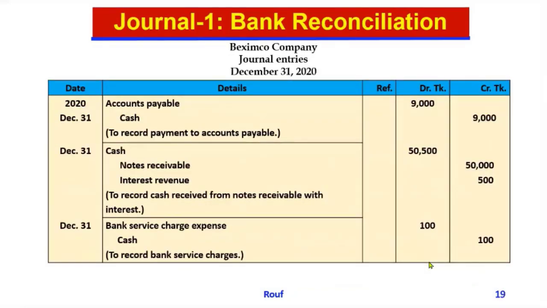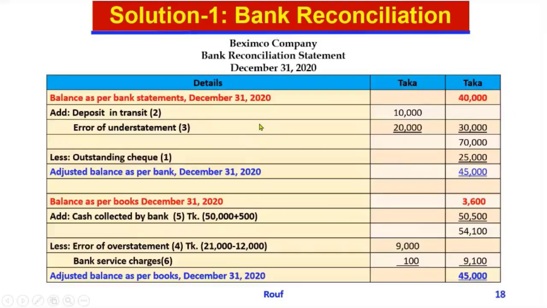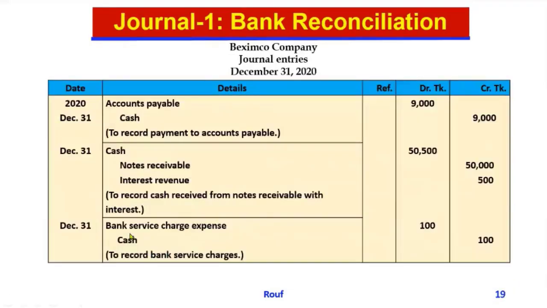And journal entry for bank reconciliation statement. Here, journal entry will be only for Beximco Company Limited. Here, items are 3, so journal entries will be only 3.